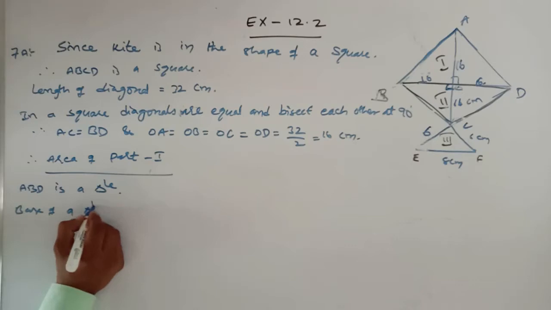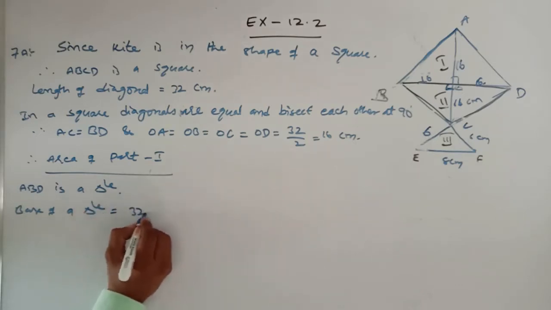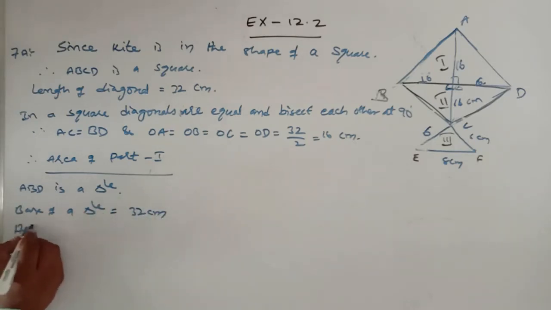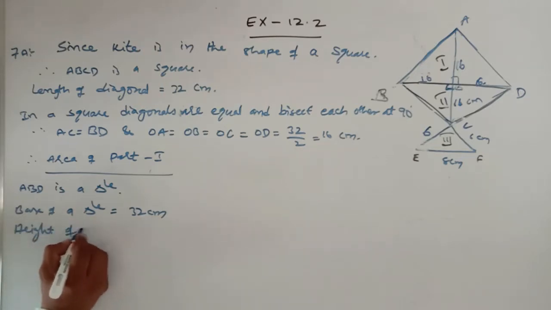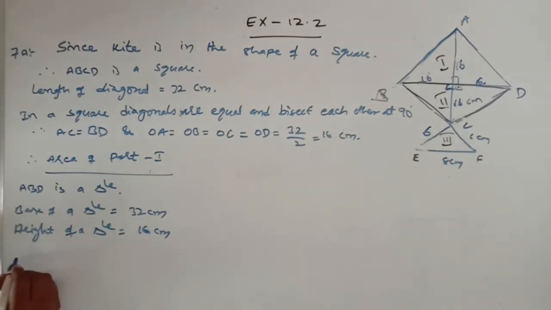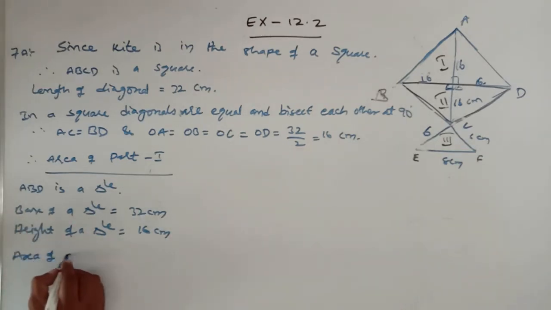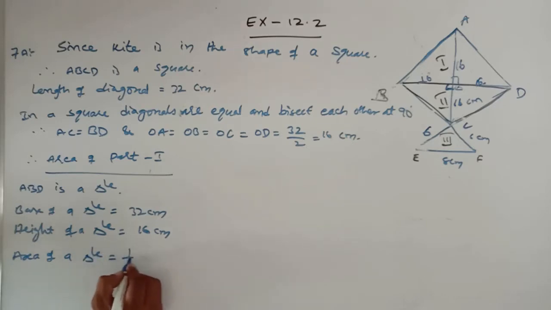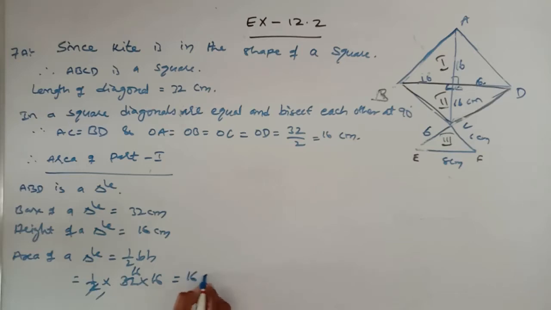The base of the triangle is equal to 32 centimeters. The height of the triangle is equal to 16 centimeters. If base and height are given, the area of a triangle is equal to half into base into height. That's equal to 1 by 2 into 32 into 16. 2 ones are 2, 2 16s are 16, so 16 into 16 is 256 square centimeters.